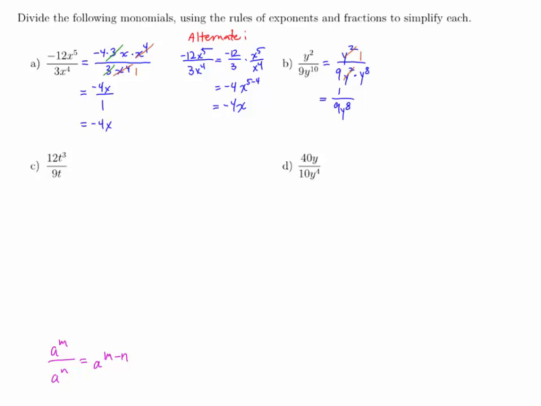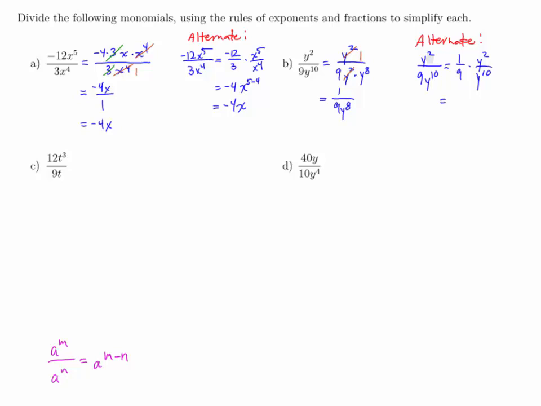Now, as an alternate approach, let's simplify this just using the rules of exponents. So we'll take y squared over 9y to the 10th, and looking at the numerical coefficients there, the numerical coefficient on y squared is just 1, so we'll have 1 over 9 times y squared over y to the 10th.